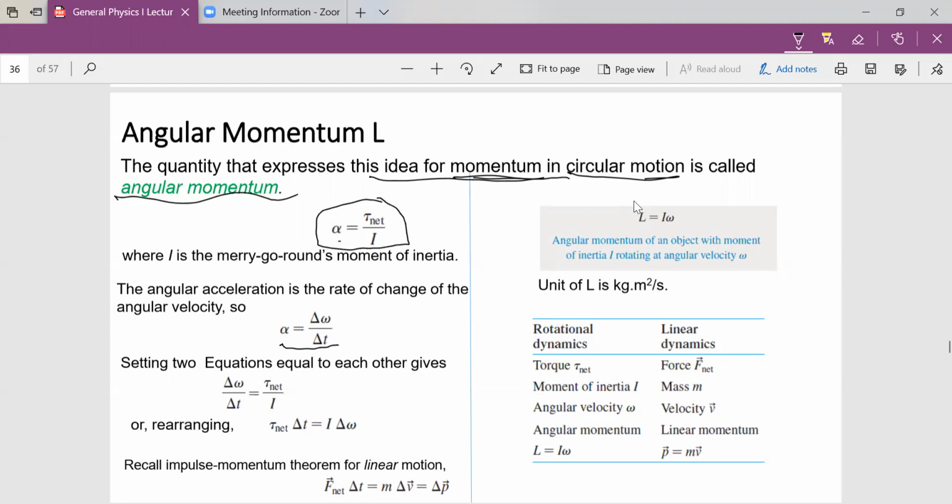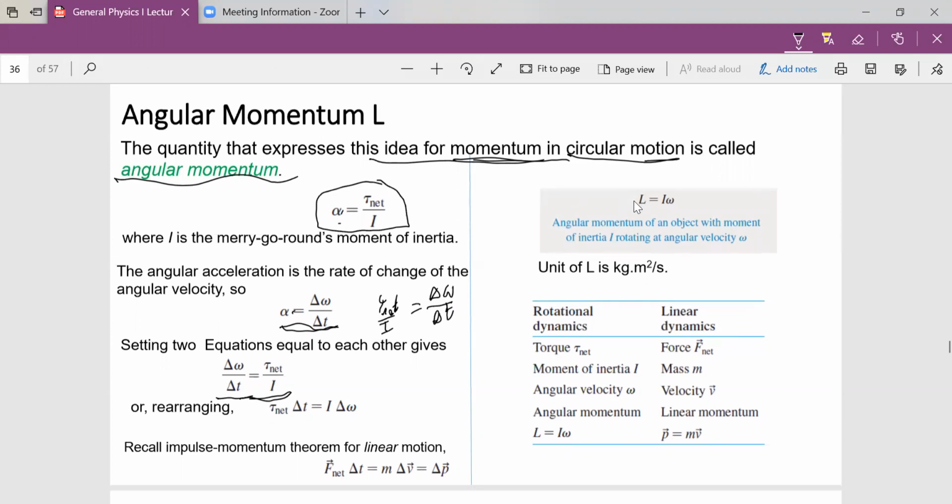So if alpha is equal to this and alpha is equal to this, we can equate them: net torque over I is equal to change in omega over change in t. So that's how we got this equation, equating the two alpha.